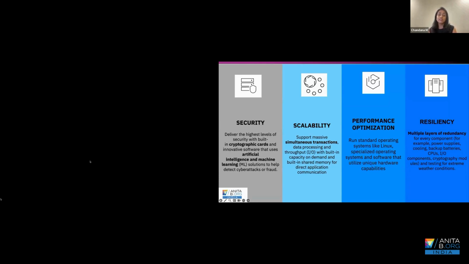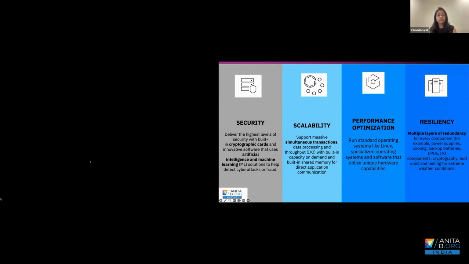Since most of the top banks use these, security is the main feature needed in their day-to-day activities. So mainframe stands for enterprise level security.